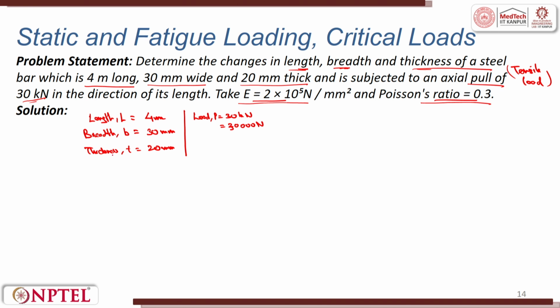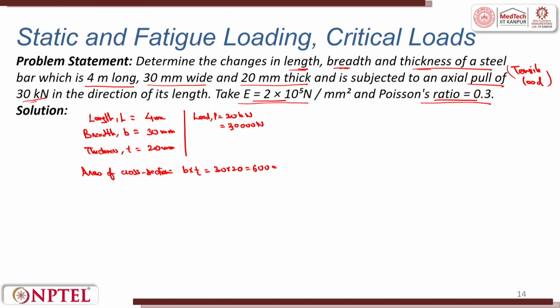From the breadth and thickness, let us calculate the area of cross section. This is equal to breadth into thickness, that is 30 into 20, which is equal to 600.